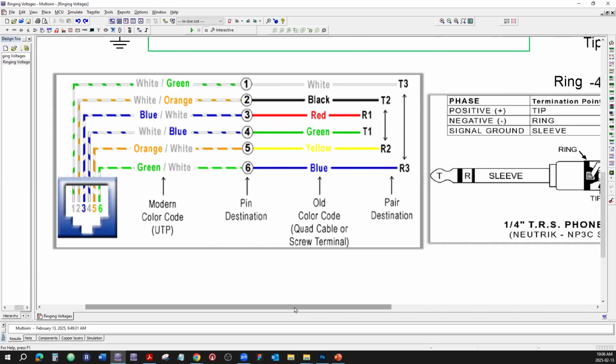So 25 pair cable can carry 25 separate, simultaneous telephone conversations, because one pair of conductors is designated for one telephone conversation. Okay. Now, how is it that we are wiring things?